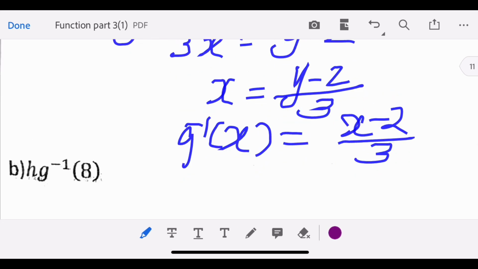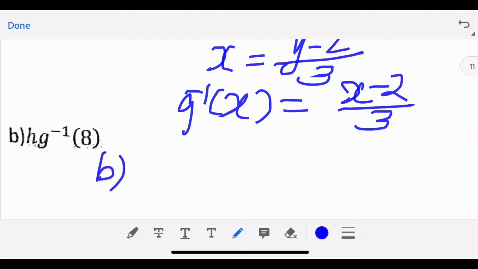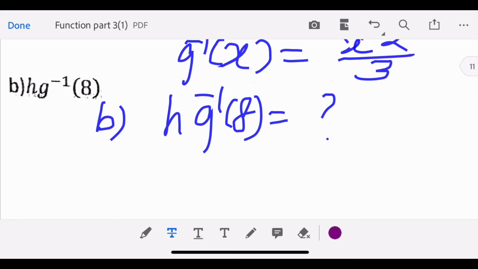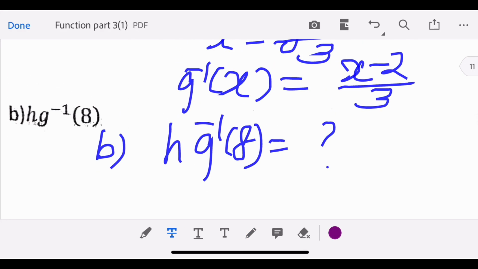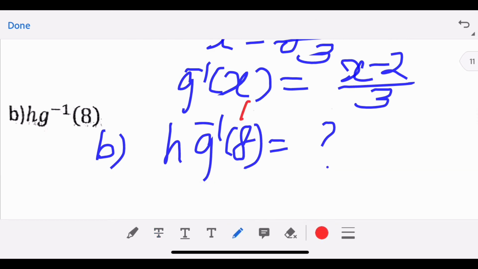Then what they ask you to find for part b is hg inverse of 8 equal to what? You're asked to find this. So g inverse of 8, you can substitute into the function here.